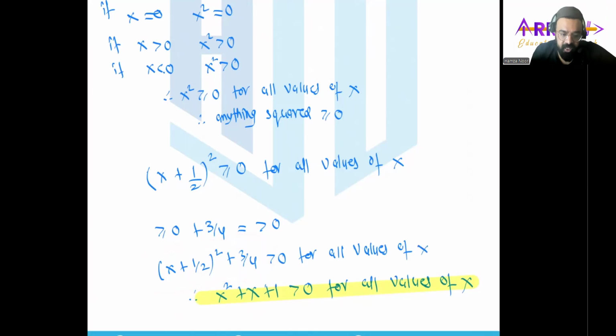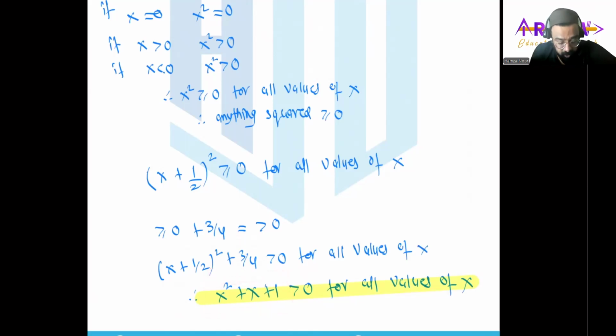So this definitely implies that x square plus x plus 1 is greater than 0 for all values of x, because this completing square form and this general expanded form are identical to each other, both are identities of each other. If you expand this x plus half whole square and then add 3 over 4 and simplify, the whole expression would be x square plus x plus 1.